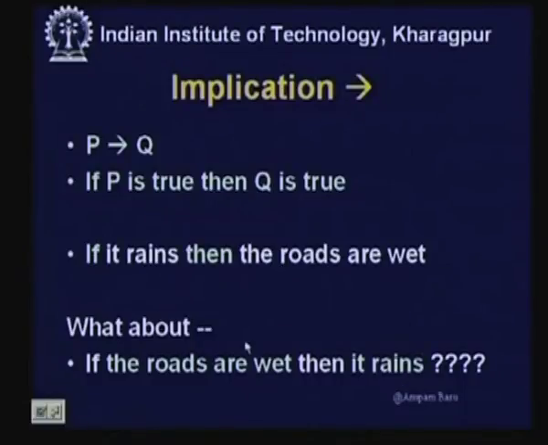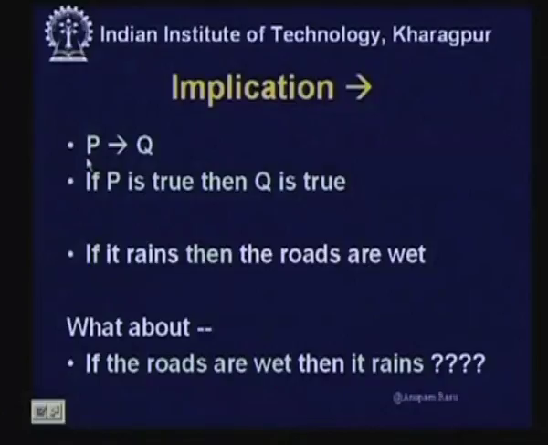Because if the roads are wet, can I always infer that it rains? The roads can be wet because of some other reason also. There might be a sprinkler that has been used to clean the road, or the road has been washed. It did not rain. So roads are wet is not a sufficient condition to say that it rains.